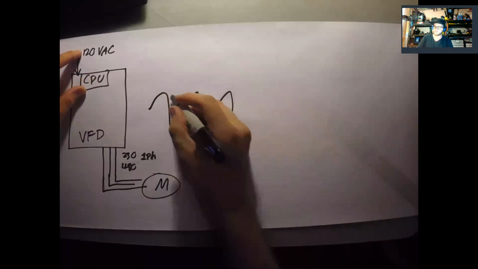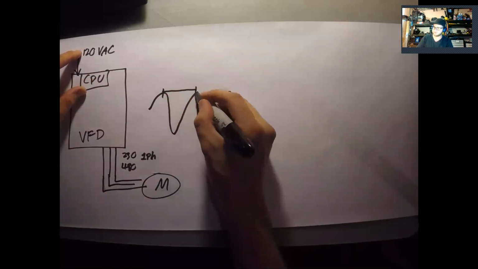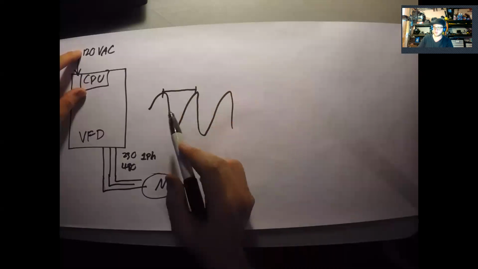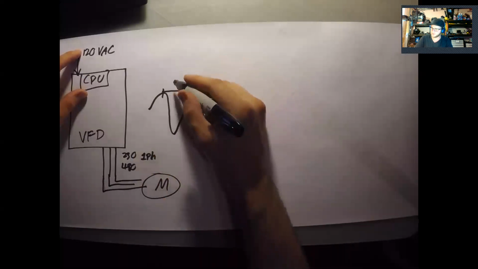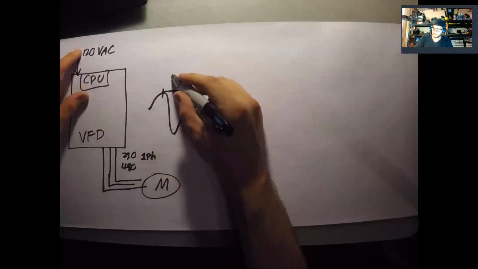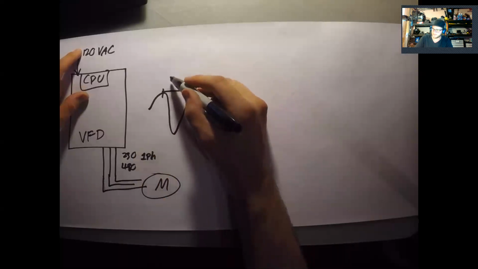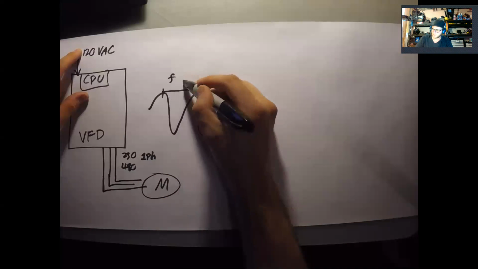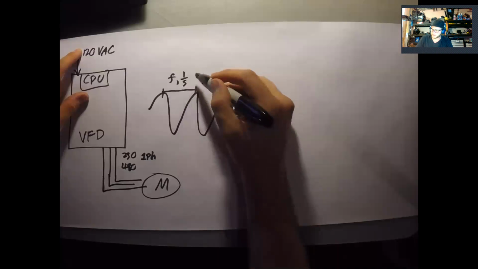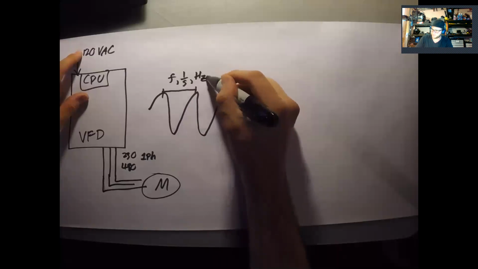And so if you're familiar with AC power, you know that its output has a sine wave. And the measurement between peaks of this sine wave is called the frequency, which is 1/seconds or hertz.